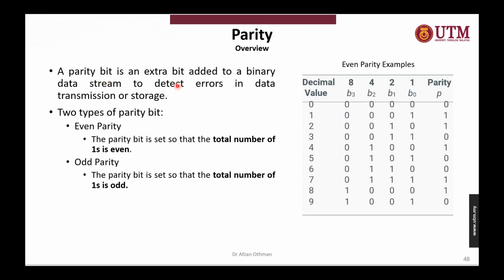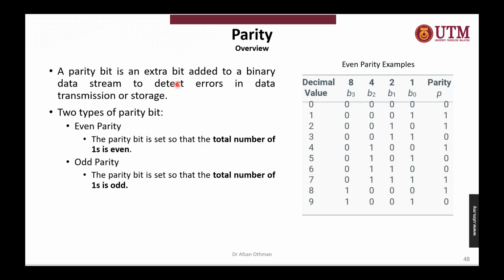So why is the parity bit important? When you send data over a network, there is a chance that a bit may be flipped due to noise. If there is noise on that network, the bit will be flipped from 0 to 1 or 1 to 0, or due to interference or some hardware issues.